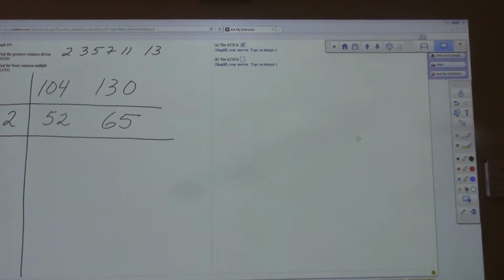Now 13. You've got to watch that 13. Sometimes that 13 will mess you up. So 13, I think they'll go in 4 times and 5 times.